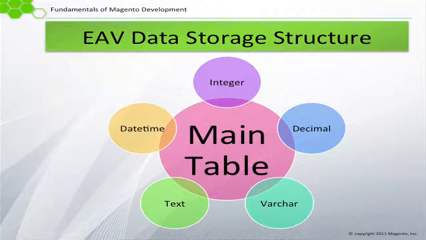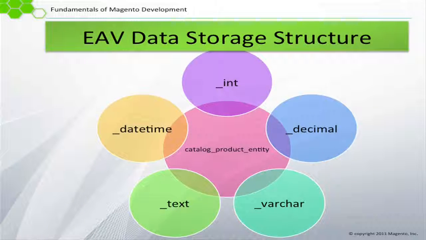As I mentioned, the main table, catalog product entity, right? And then catalog product entity int, decimal, varchar, text, datetime. That is the complete record of the object in the system.